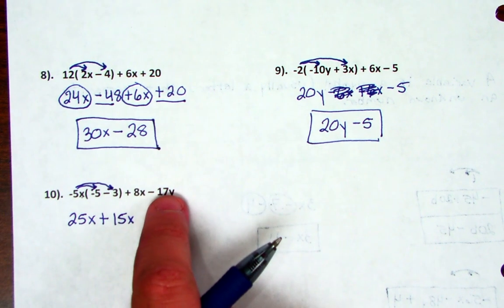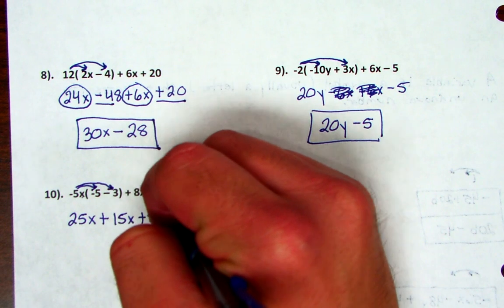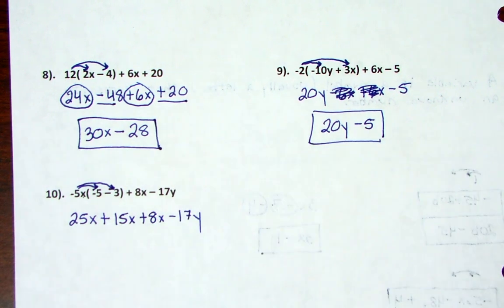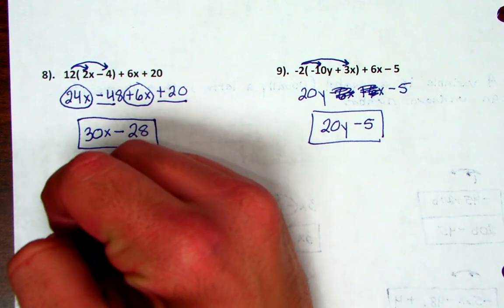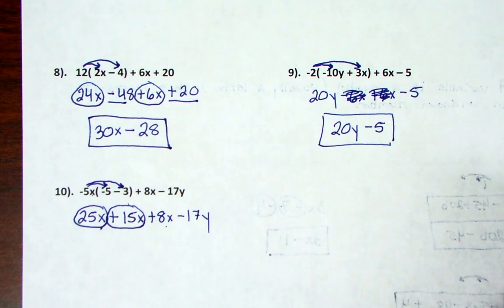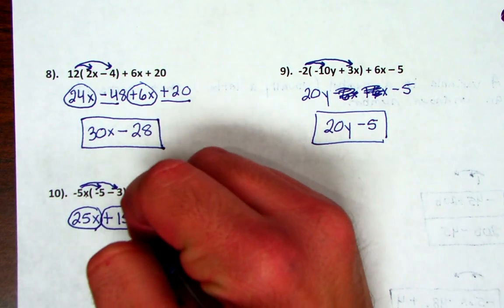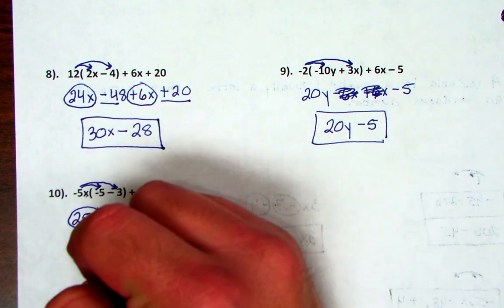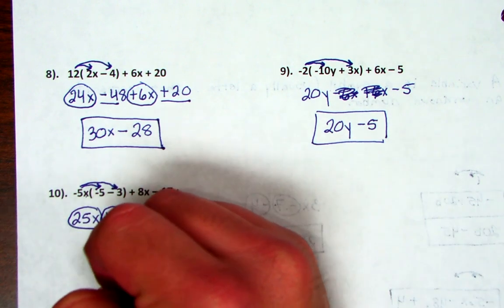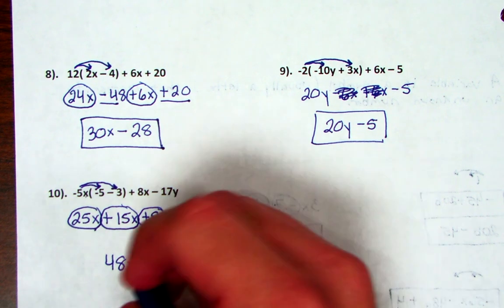Everything on the outside of the parentheses, bring them down. Looks like we have x, x, x, y. Let's combine our like terms. 25x plus 15x. 25 plus 15 is 40. What's 40 plus another 8? That's 48x. And I still have that minus 17y. Bring them down.